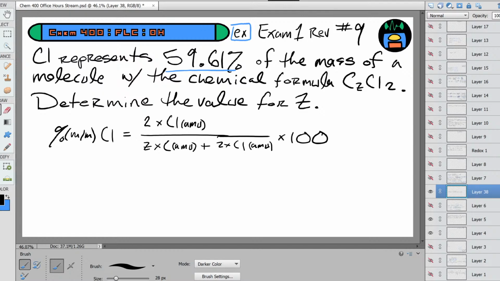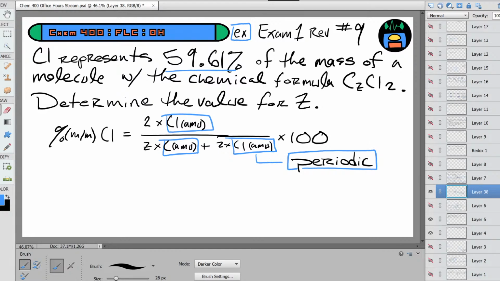That's the equation for percent mass. We can get the AMU for carbon and the AMU for chlorine all from the periodic table.